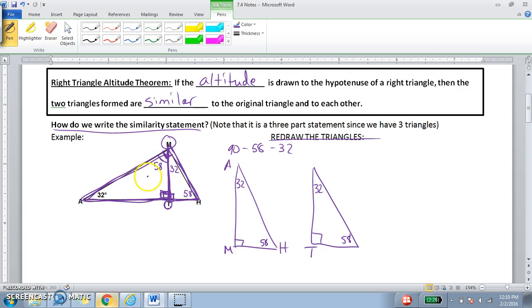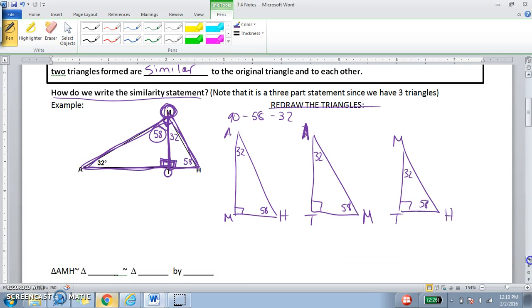The 32 is still at letter A. And the 58 is now at letter M, right here. Finally, the last triangle, 90, 58, 32. If I redraw that one, now the 90-degree angle is also at T, just like it was for the second one. The 32 is here at M, and the 58 is at H.